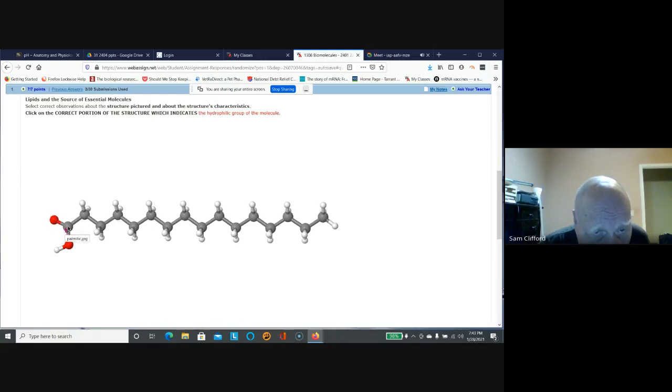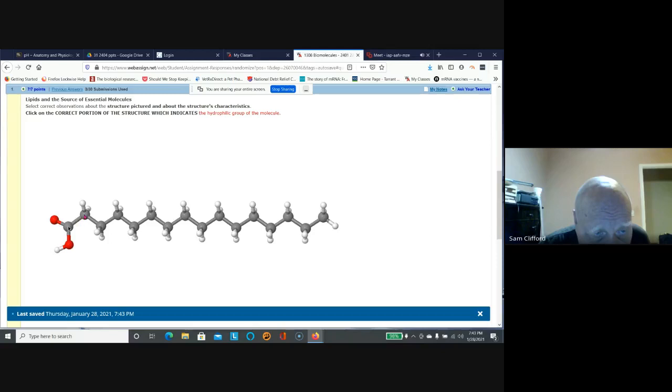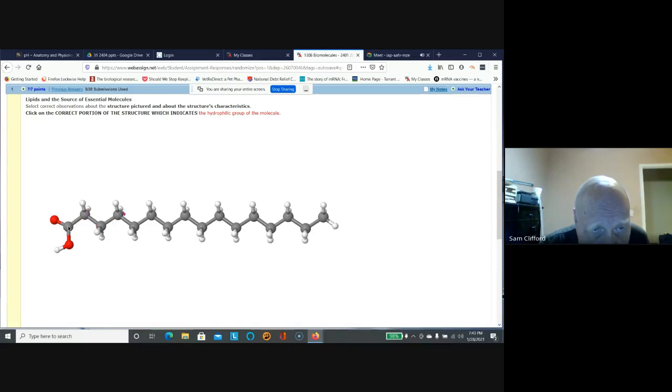So again, this is carbon, carbon. This is a hydrocarbon chain. It's made up of hydrogen and carbon. This is the hydrophobic portion of a fatty acid. This is the hydrophilic portion, meaning that it's polar and it tends to interact with water and dissolve.